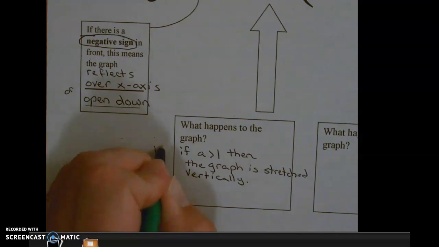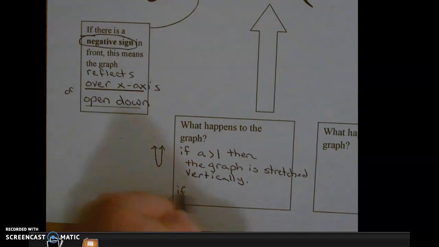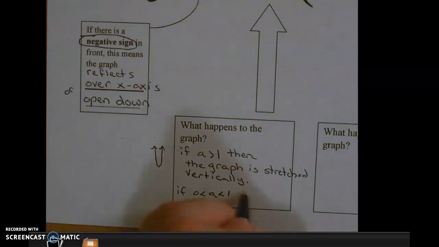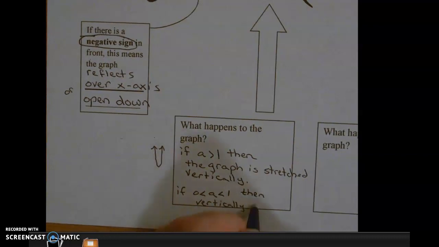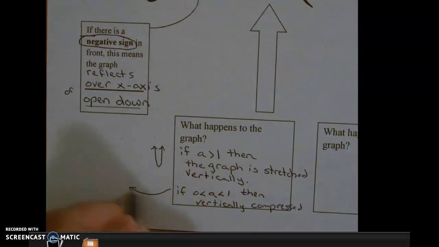Kind of looks kind of narrow. Okay? If A is greater than 0 but less than 1, like 0.2, 1/2, 1/4, then it's vertically compressed. So it's going to kind of look wider.